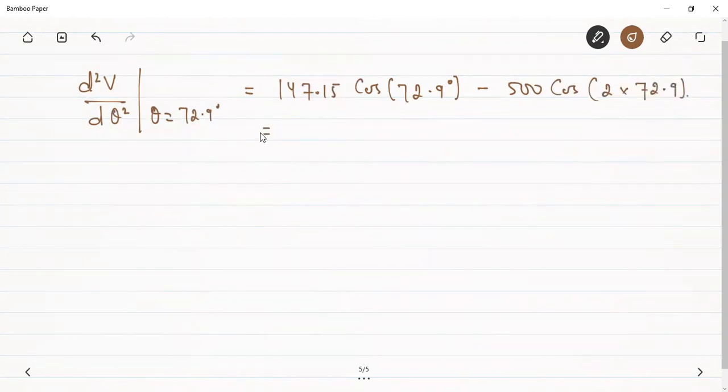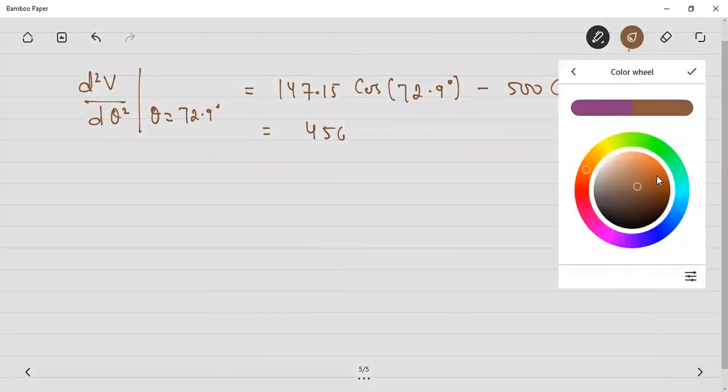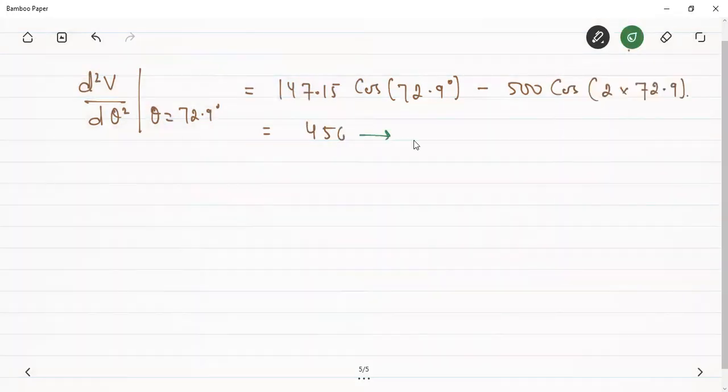Okay, so once we solve this, it comes out to be around 456. And since this comes out to be a positive value, this corresponds to stable equilibrium. Okay, we have seen these conditions earlier.